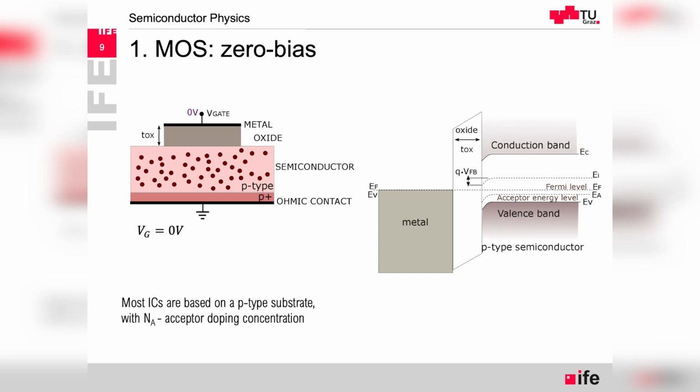It's a perfectly nice example to show the conditions of what happens under the gate, and also to look at the band diagrams. And this is a perfect example to also explain what the threshold voltage is, how we define it. And then later we will see what the threshold voltage depends on, that the source and drain at that point are important to consider when we talk about the threshold voltage variations.